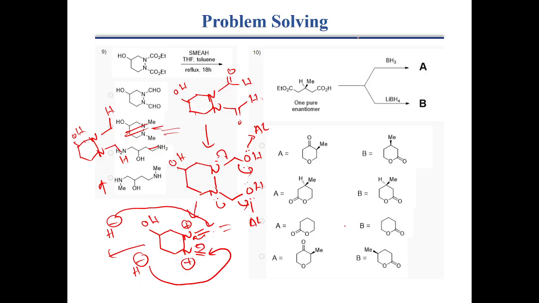So what is the last question? BH3 and lithium borohydride. BH3 reduces acid to alcohol. BH3 is a very strong reducing agent. COOH is reduced to CH2OH.